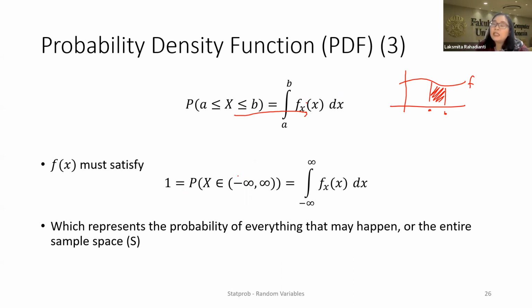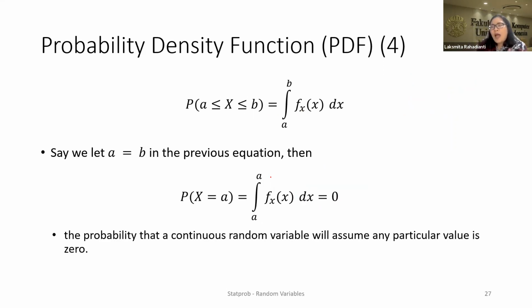However, since I still need to fulfill the probability rules, such as the sum of all possible probabilities has to be equal to 1 and so on, then the integral of f of x must also equal 1 with limits of negative infinity to infinity, because the sum of all probabilities has to still be equal to 1, which represents the entire sample space. So the rules are still the same. I still need to fulfill that the entire sample space probability will be equal to 1.